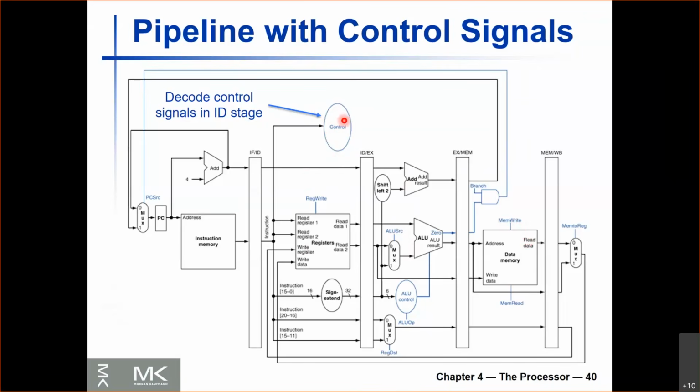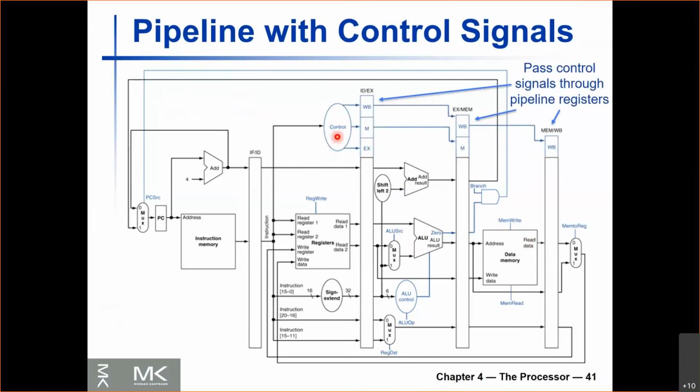Right, I need to pass them through the pipeline, exactly. So what we're going to do is also pass the control signals through the pipeline. When the control unit decodes the opcode and figures out the control signals, it's going to pass them to the pipeline register.